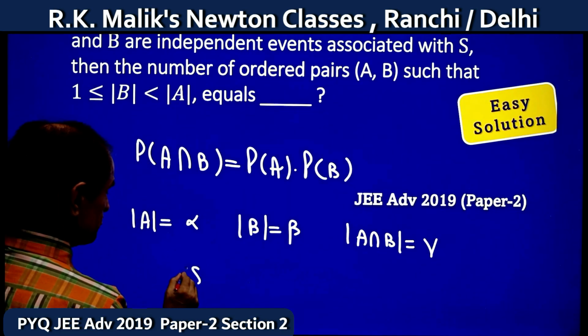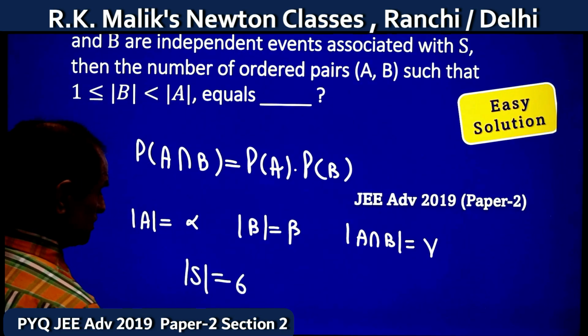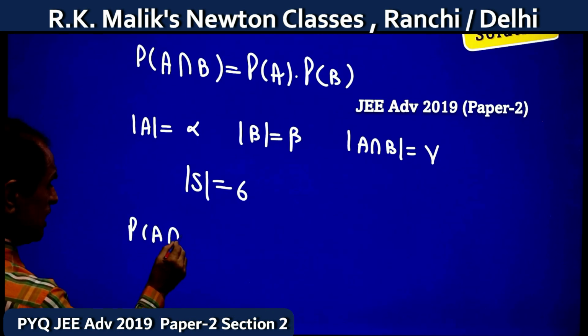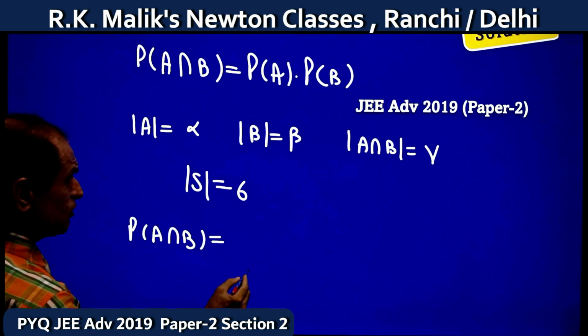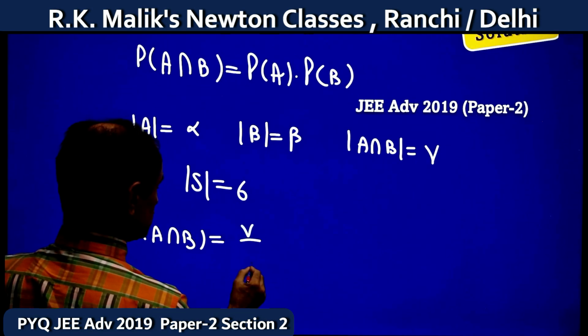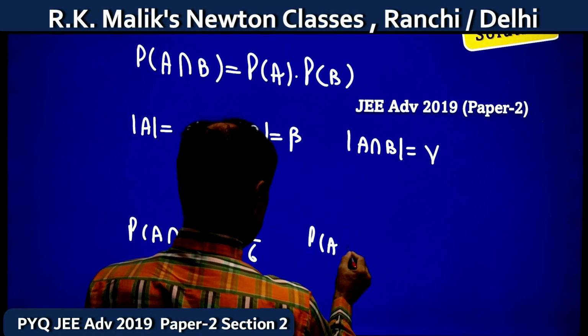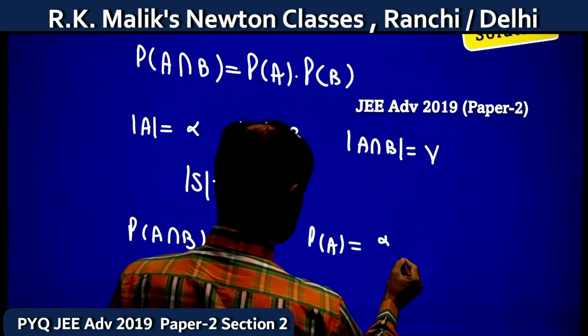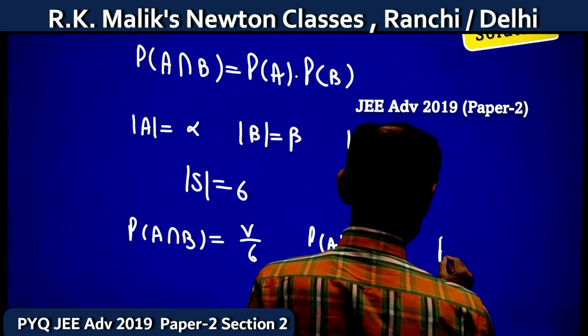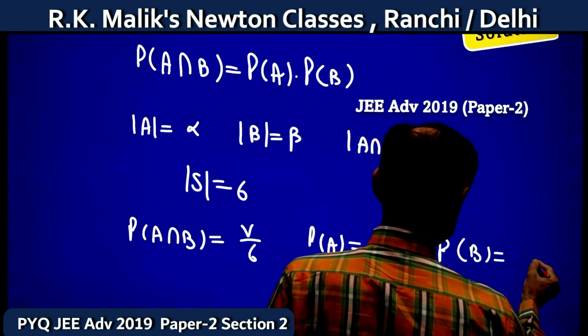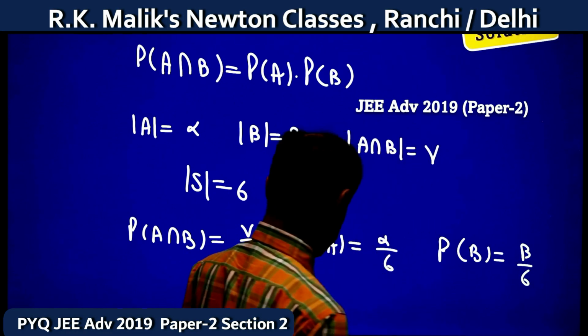And it is clear that mod of S is 6. Therefore, P(A intersection B) will have the value gamma by 6, P(A) will have the value alpha by 6, P(B) will have the value beta by 6.